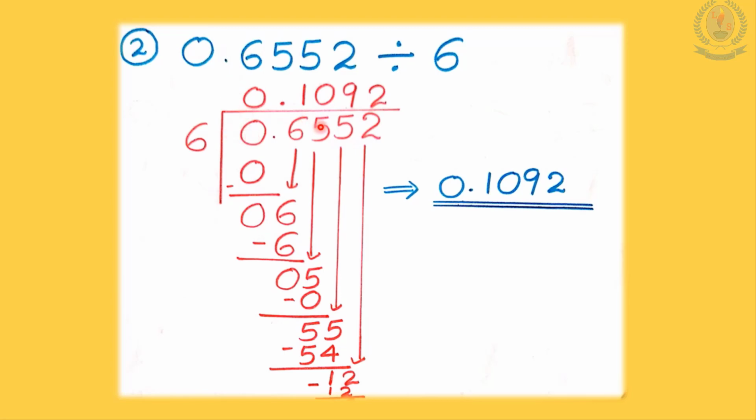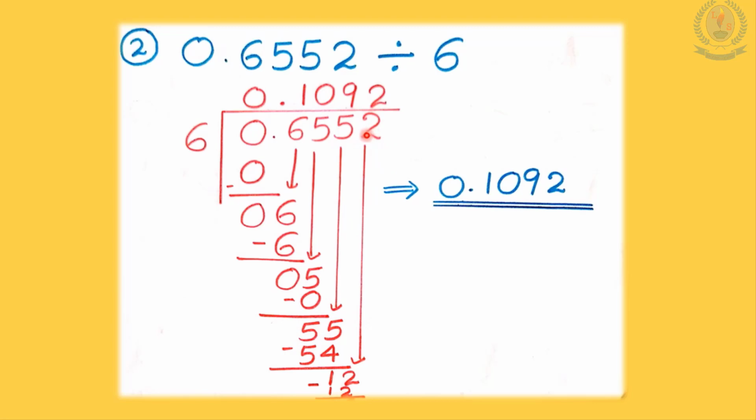Then 0.6552 should come inside and 6 goes outside. 6 times 0, 0. Then keep the decimal place, then take this 6 down. Then 6 times 1 equals 6. Then again here 0. Then take that 5 down. Then 6 times 0. Then here 5 is remaining.